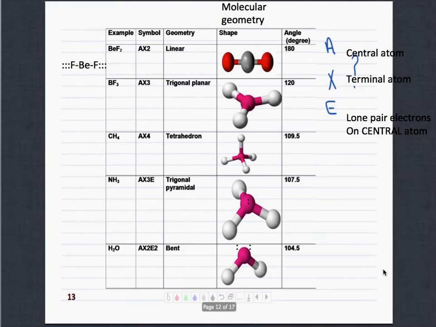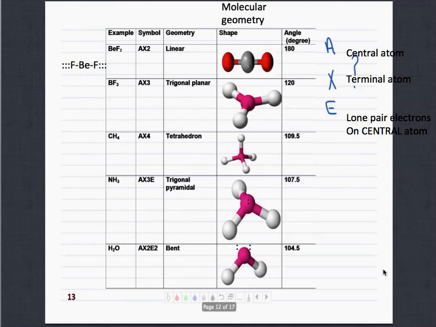Now, I'm going to remove one. There is a lone pair in here that we can't see. I'm going to remove this bond because there is a lone pair. So you end up with a bent. We call this a bent structure, and this is the structure of any molecule with a Lewis structure that gives you AX2E2 as a VSEPR model.